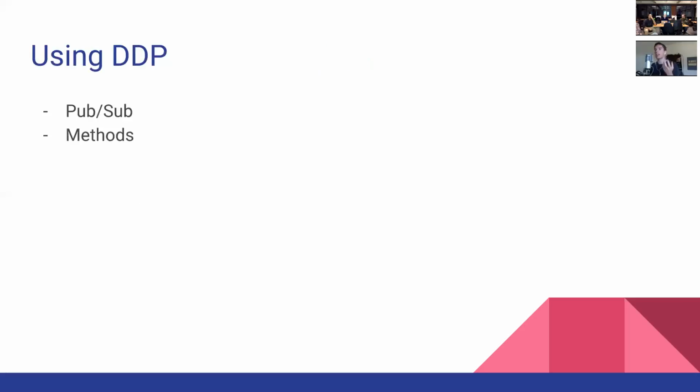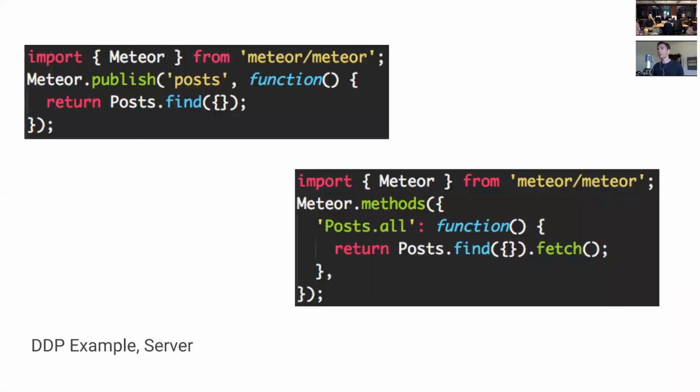Okay, so what's it look like using DDP? As I said before, we've got pub sub, we've got methods. So let's see, first up, this would be on your Meteor app, so the server in this instance. And first up in the top left, we can see what it would look like to put together a publication in the pub sub model.